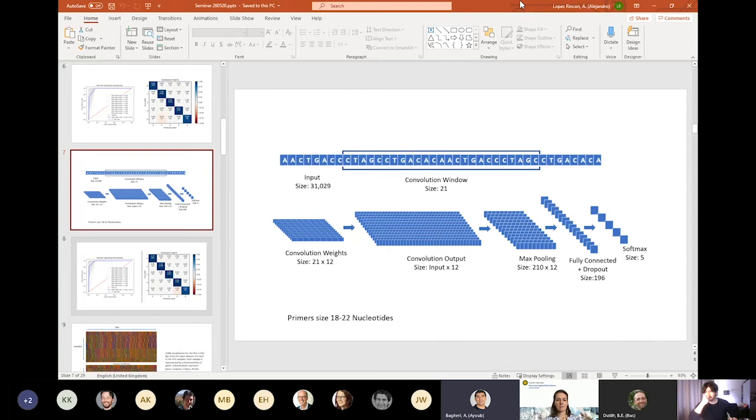So I was wondering what happens if you use traditional machine learning methods where you do feature engineering manually. Well, in this case, we applied traditional methods to do the classification of the different sequences, of the 30,000 sequences, of the vectors of 30,000.